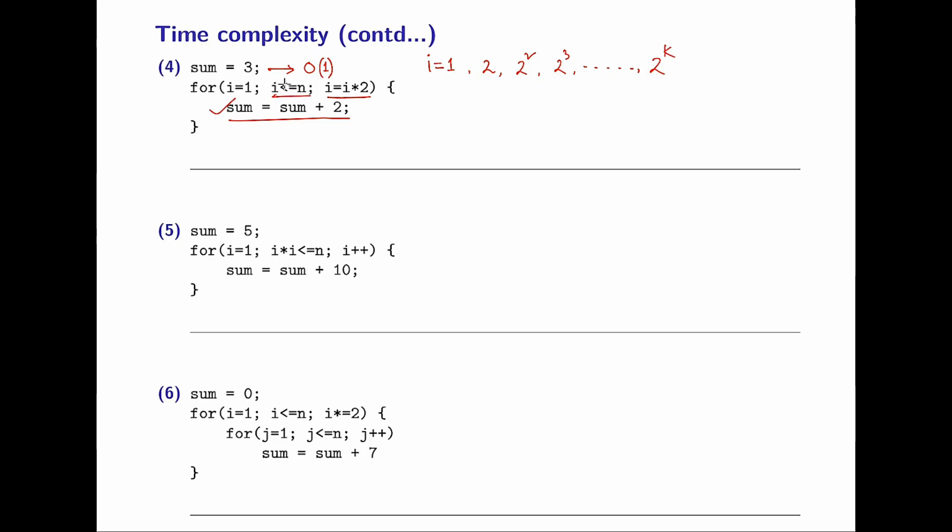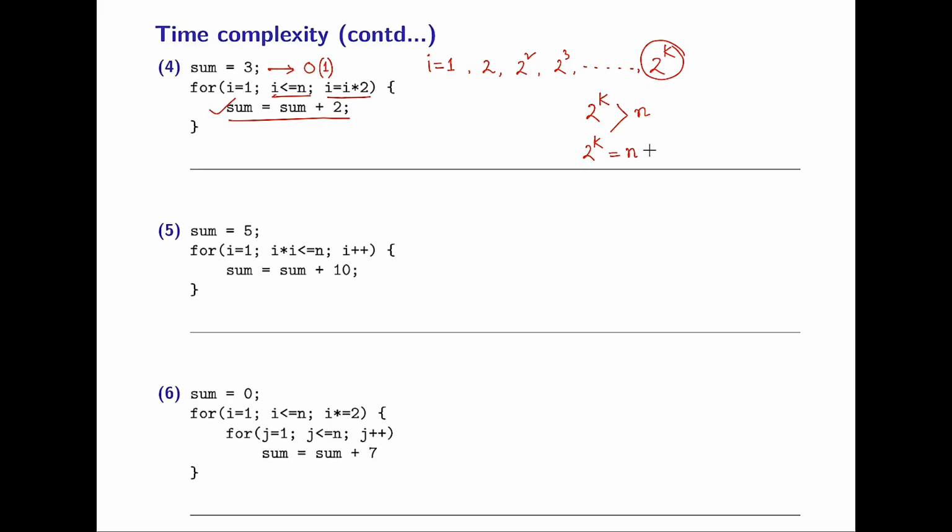Because up to I less than or equal to n, this loop will run, and when I is greater than n, the loop will stop. So if this is our stopping criteria, 2 to the power k should be greater than n. Now for simplicity, you can assume that 2 to the power k is equal to n, approximately.